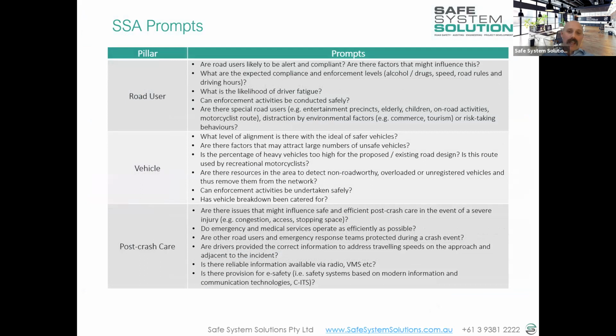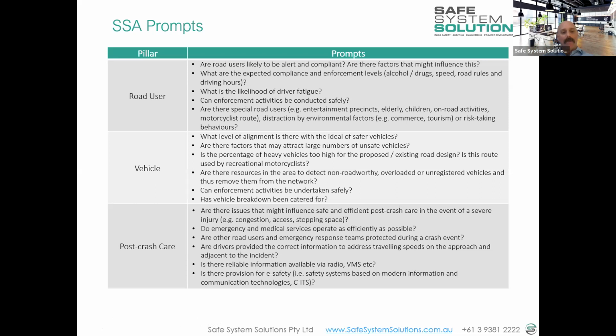So you don't actually stop after the matrix, or some people in their safe system assessment like to do this step before they do the matrix, and that's fine as well. But what we look at is the other elements of the safe system in a full safe system assessment. This is next module.